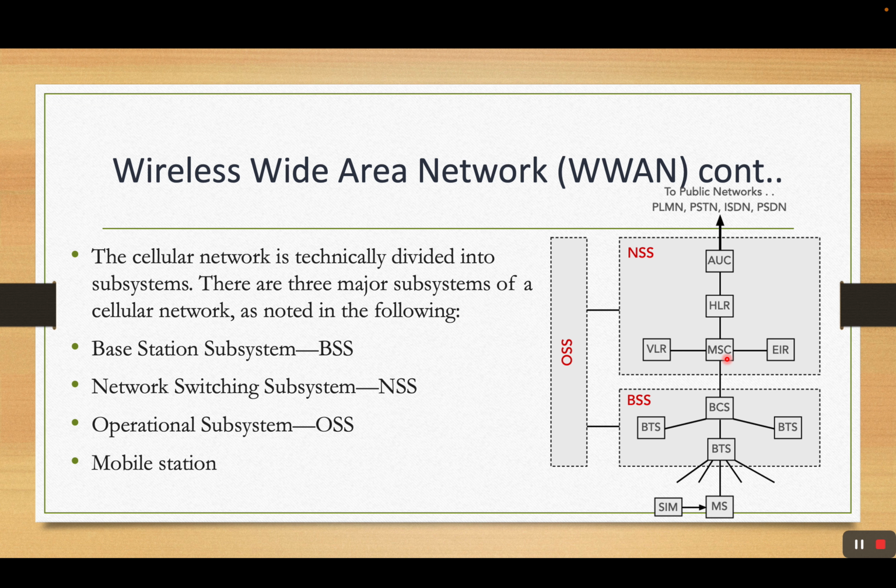The mobile switching center, as an example, here you have the home location register, HLR, and the visitor location register right here. And finally, the AUC for authentication and for ciphering on the radio channels.